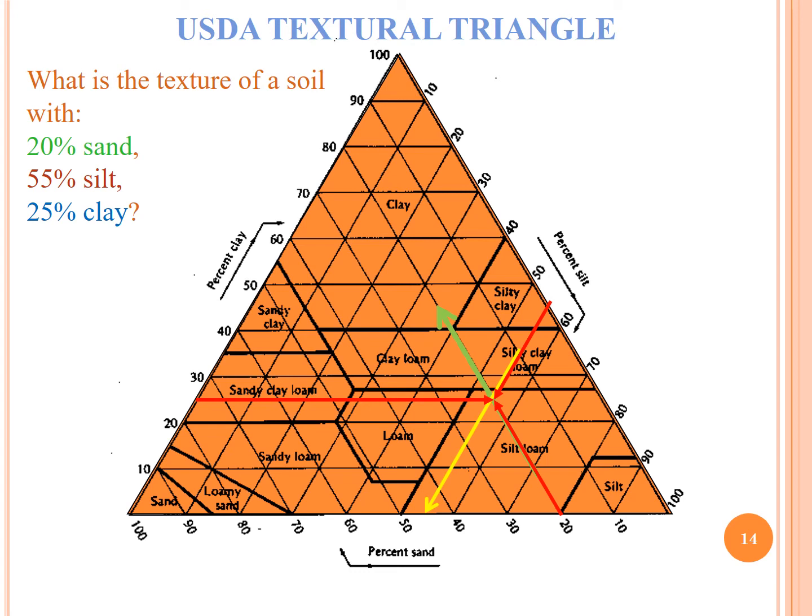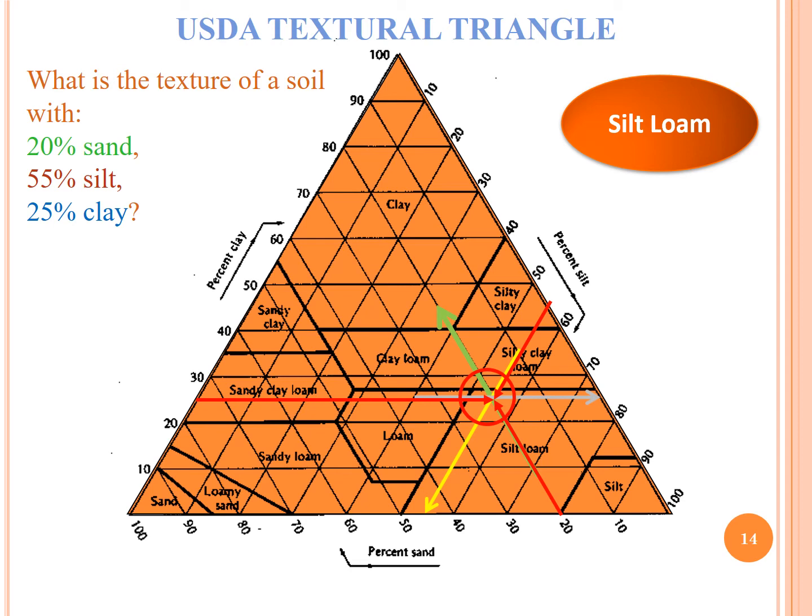So make sure you know that 55 falls between 50 and 60 in this direction. So that would be 55. And then 25% clay, which reads all the way over here. And where they intersect here, where I've drawn a circle, we now know that this is a silt loam.